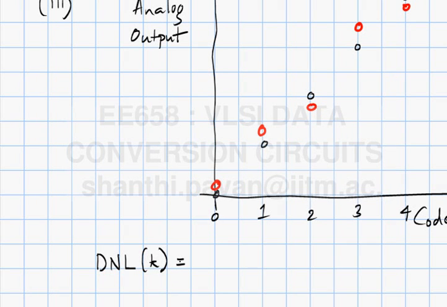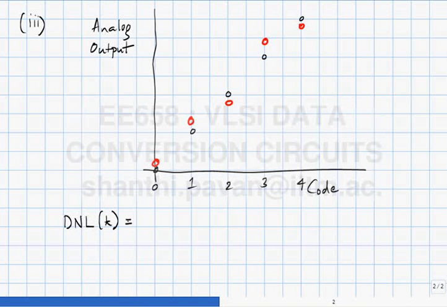How do you define differential nonlinearity in an A to D converter? In an analog to digital converter, you measure the width of the analog input voltage that gives a particular code. That's the width of that code, right? We know that in principle, if the A to D converter is ideal, then the width of the code must be full scale divided by 2 to the power n.